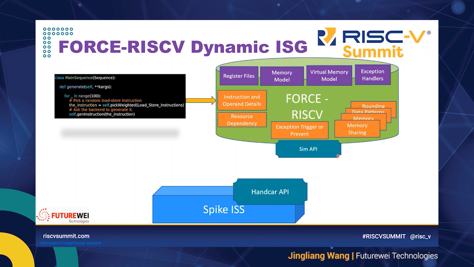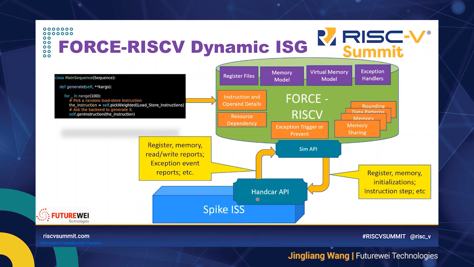So while a test is being generated, on every instruction generated, we'll pass register and memory initializations to the shared ISS library and then step the instruction. After the instruction is executed, the shared library will report back register and memory rewrites and exception events if there are any, etc.